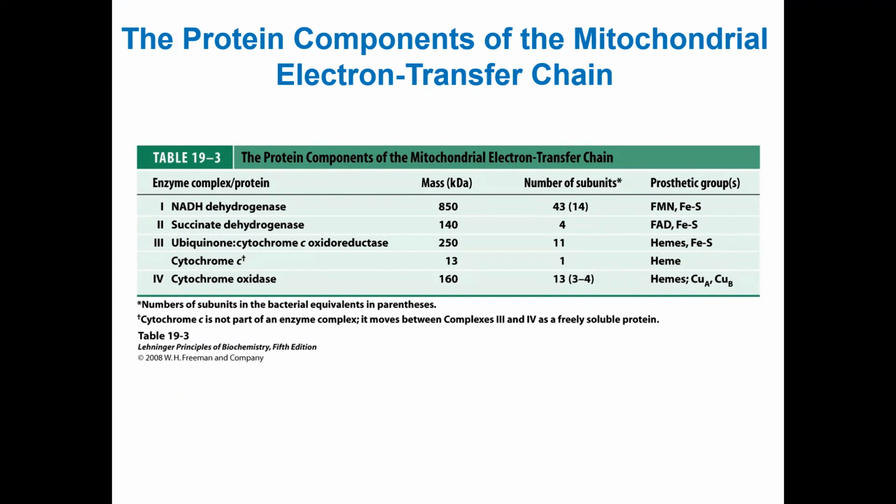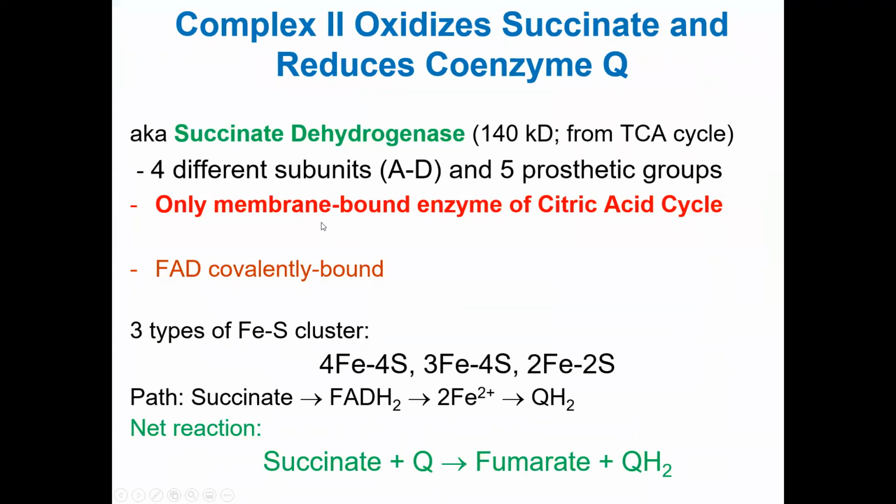Now with that, let's talk about complex 2, okay, which is the succinate dehydrogenase. So complex 2 is, as you know, and I am pretty sure now something must be ringing in your mind, right? Oh, I have seen succinate dehydrogenase. Where did you see this enzyme? In the citric acid cycle.